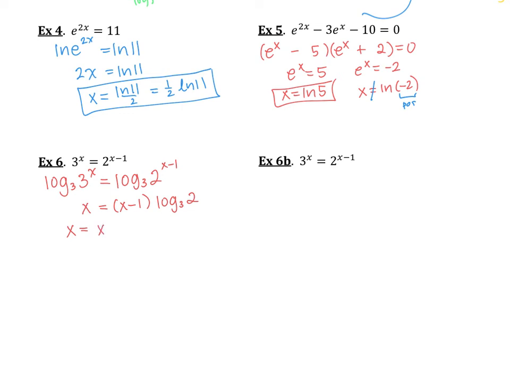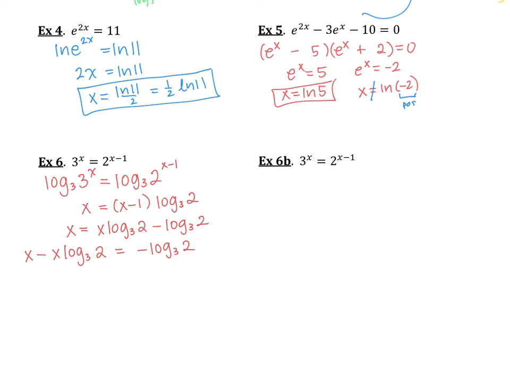So that's x times log base 3 of 2 minus 1 times log base 3 of 2. Let's see. I want the x's on the same side of the equation. So I already have an x over here. I'm going to subtract the x log base 3 of 2 to the left side. And I'll still have the negative log base 3 of 2 on the right side.